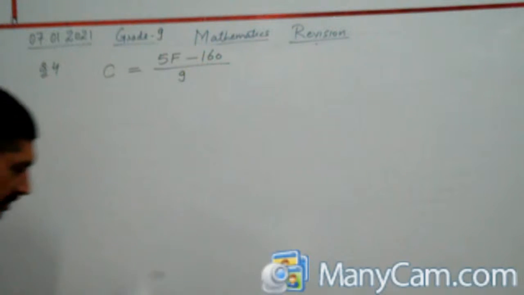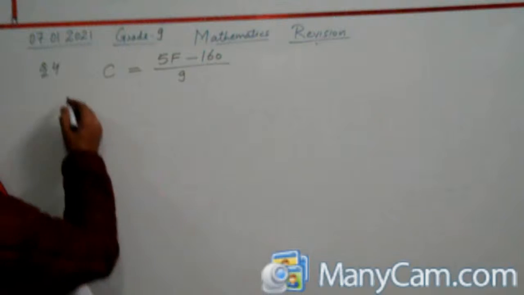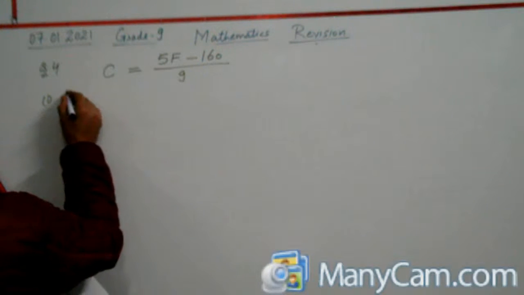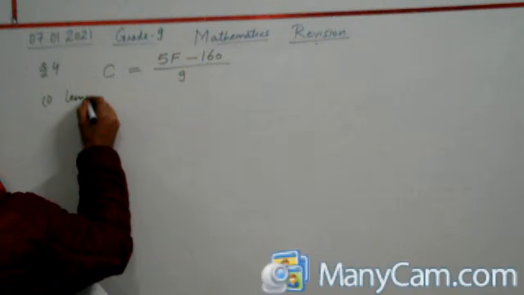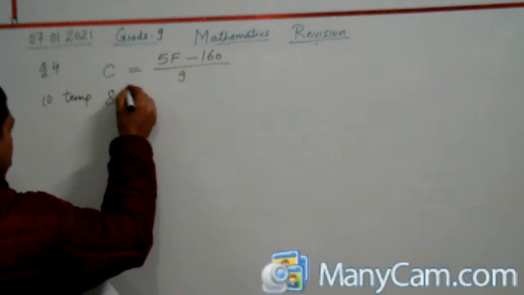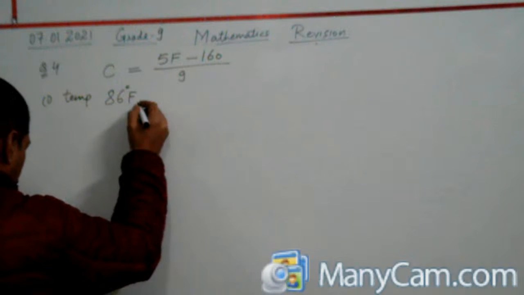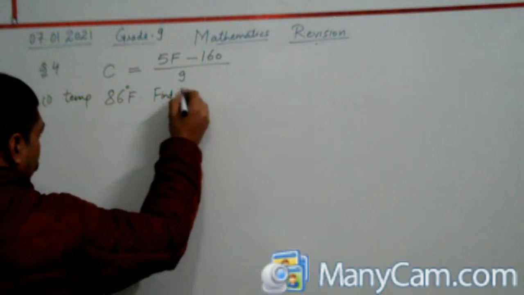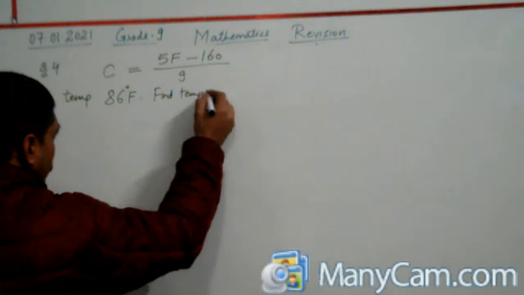First question: if the temperature is 86 degrees Fahrenheit, find the temperature in Celsius scale.